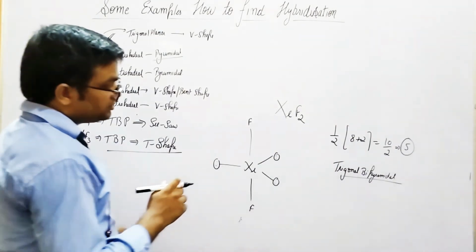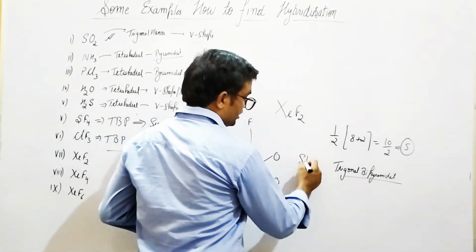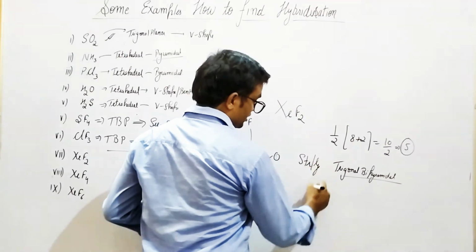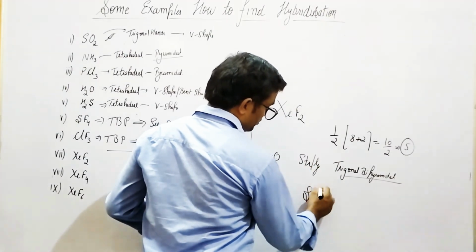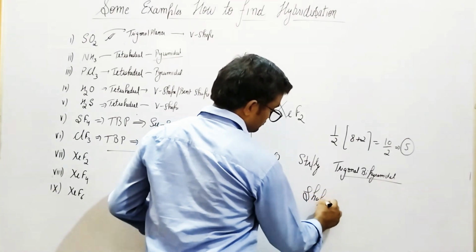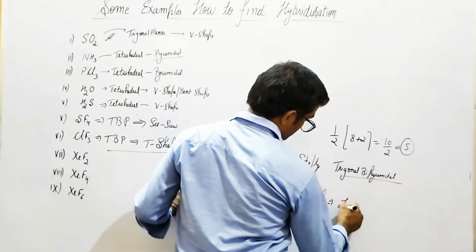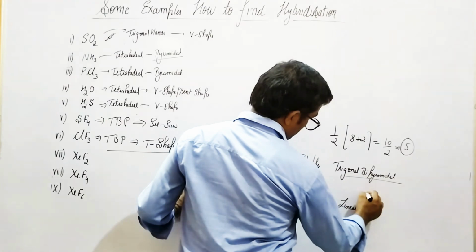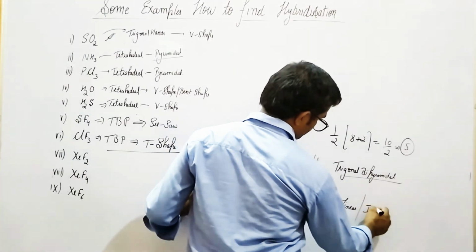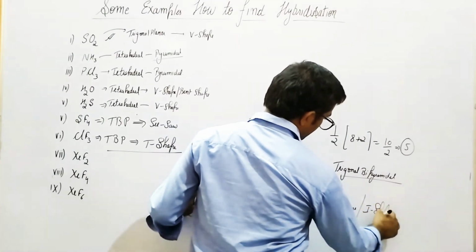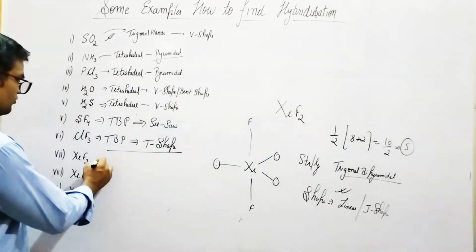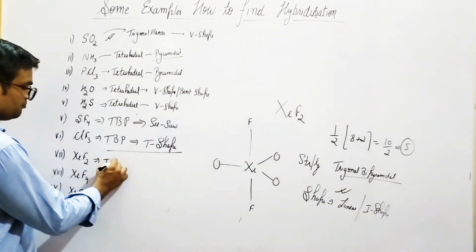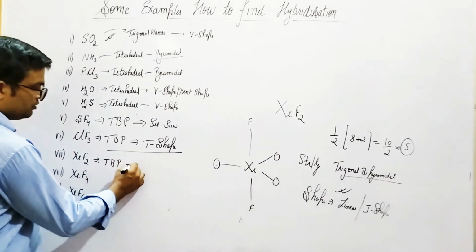Therefore, its structure and geometry is TBP, while the shape comes out to be linear, or I shape. But generally, linear shape is preferred. Therefore, same TBP and linear.